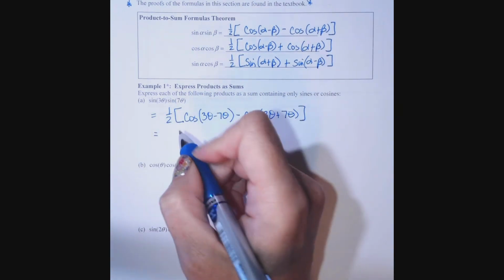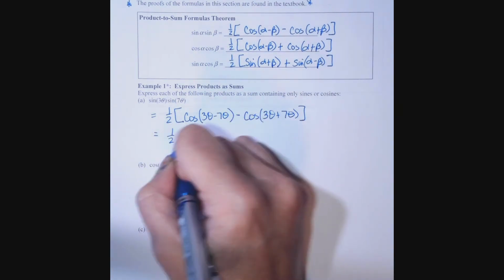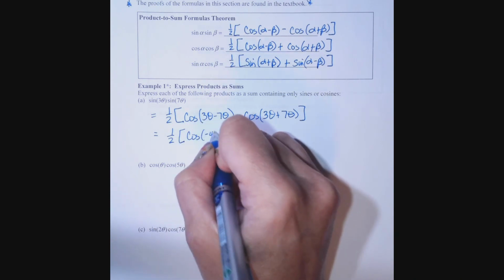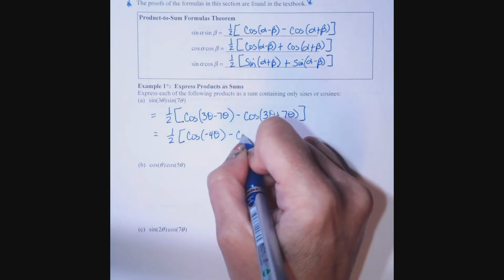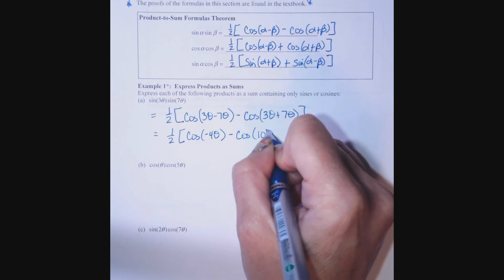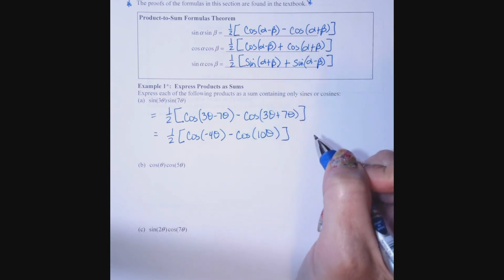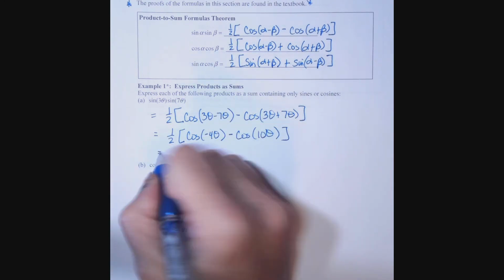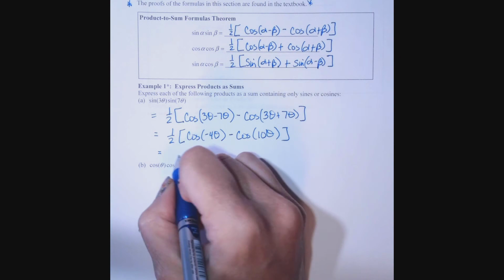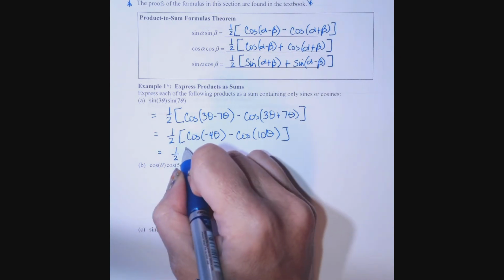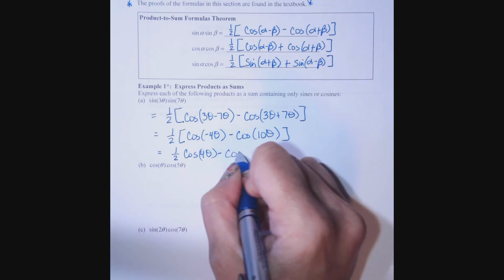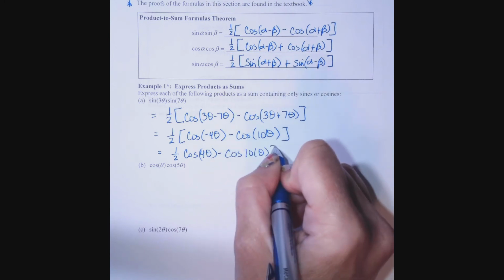Simplifying, that gives me 1/2 of cosine of negative 4 theta minus cosine of 10 theta. And then I remember that cosine is an even function. So I have 1/2 times cosine of 4 theta minus cosine of 10 theta.